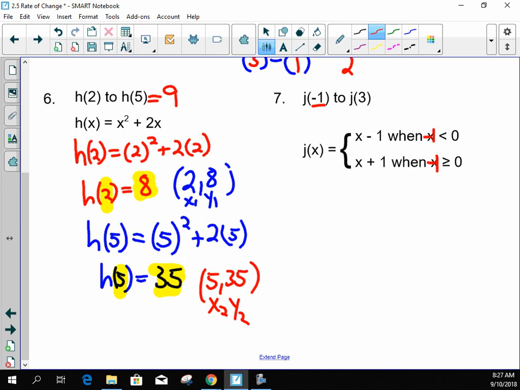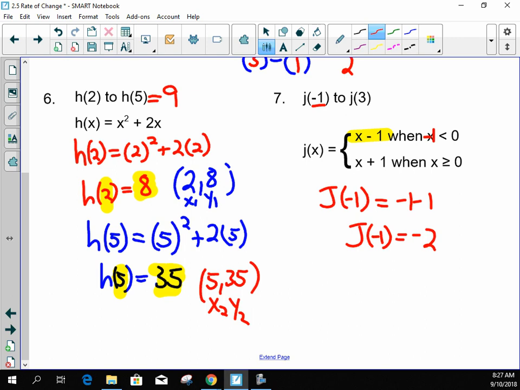Is -1 bigger than 0? Nope. Not going to use this one. Is -1 less than 0? Yeah. So for that one, I'm going to use x minus 1. So J of -1 equals -1 minus 1. J of -1 equals -2.